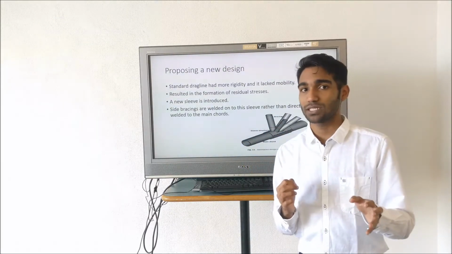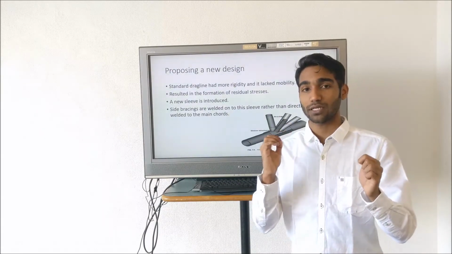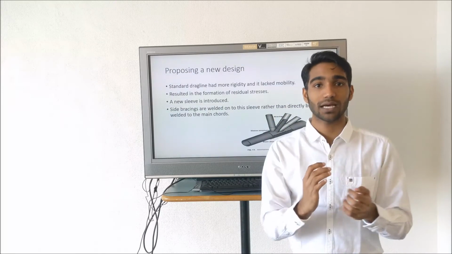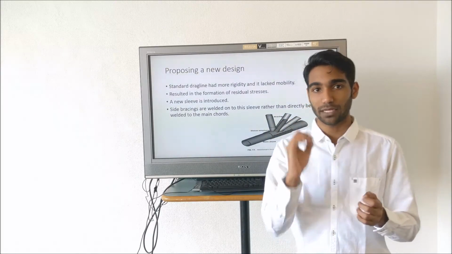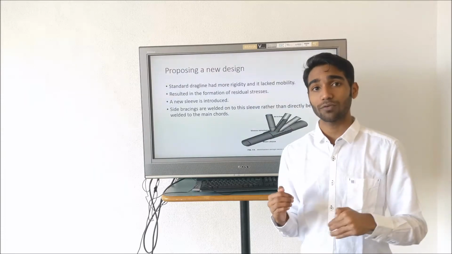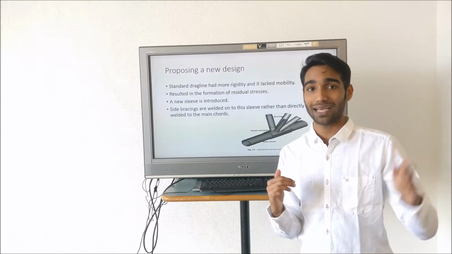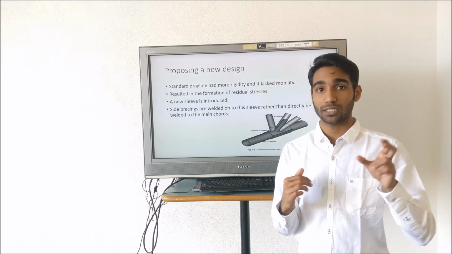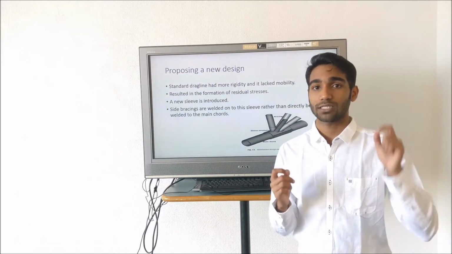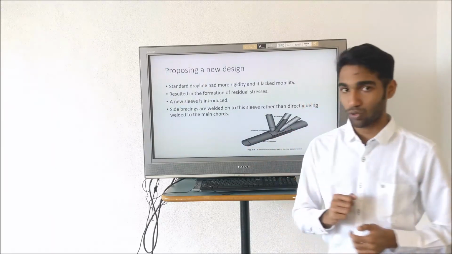As a part of the new design, we introduce a new sleeve. The sleeve is placed above the dragline main core. As you can see, this is the sleeve, and onto this sleeve the side bracings are welded, unlike the regular standard boom where the side bracings are directly welded to the main core.